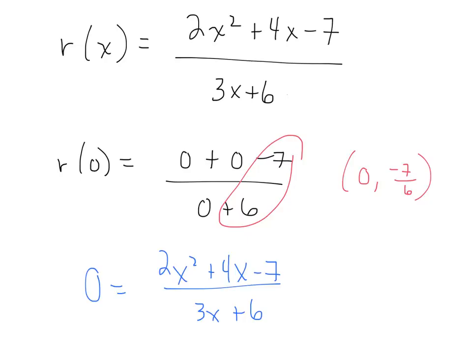Can this be factored? AC method. What's AC? 14. Negative 14. Are there any things that multiply to negative 14 that add up to 4? Anything you can think of? There's nothing I can think of, so I wonder if you can. Nothing, right? So what do you know? You have to use what? Quadratic formula. Okay?